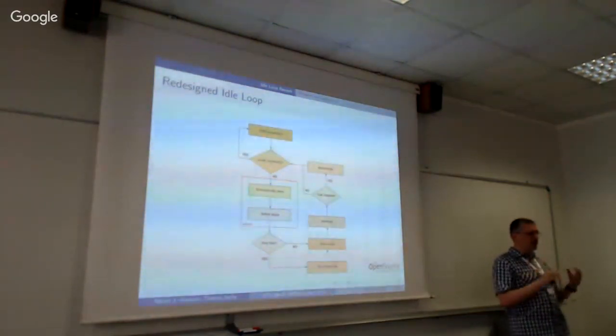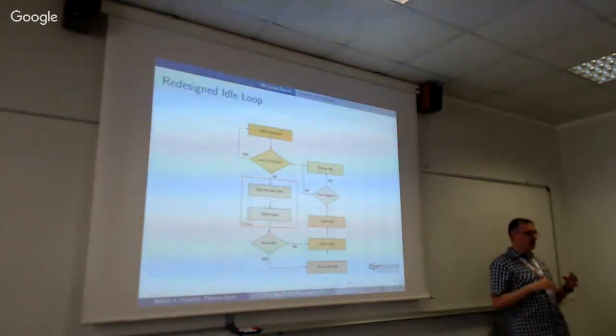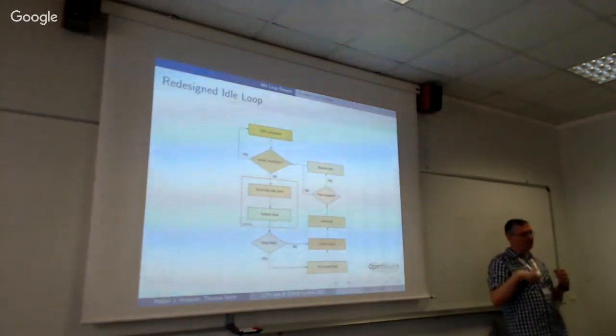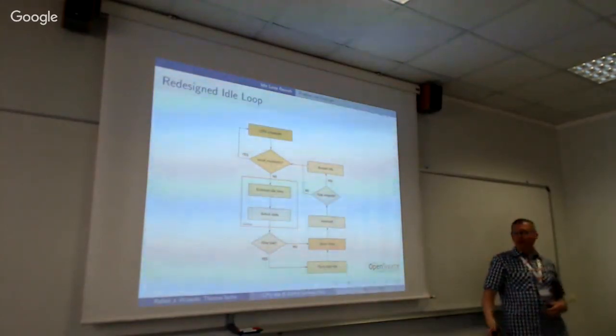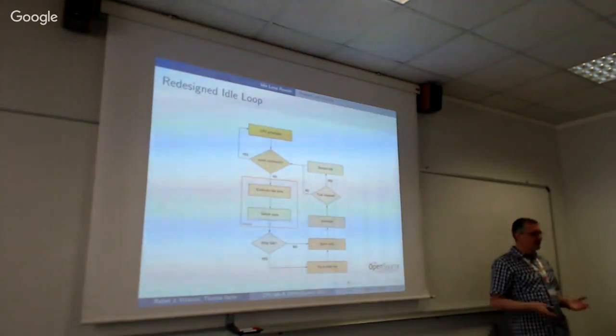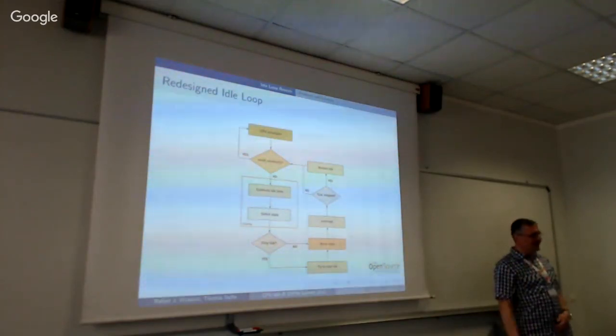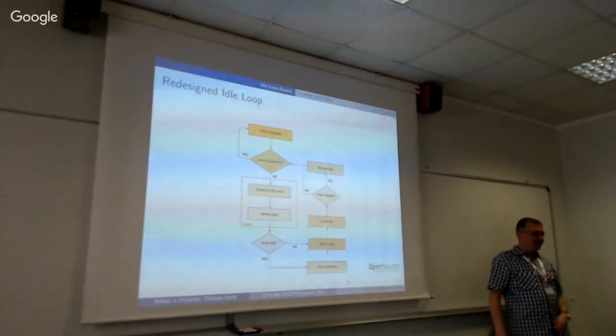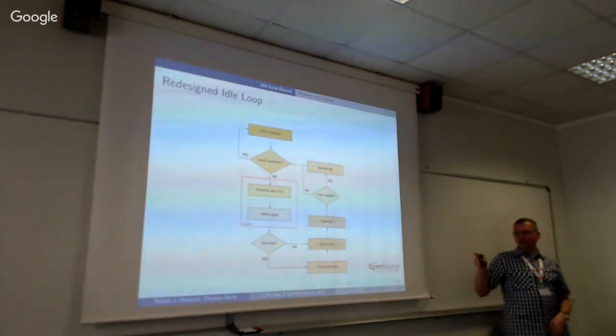So if we are in a shallow idle state, the tick will wake up periodically. And now we avoid stopping the tick if we don't have to stop it too. So it is a double benefit from this change.